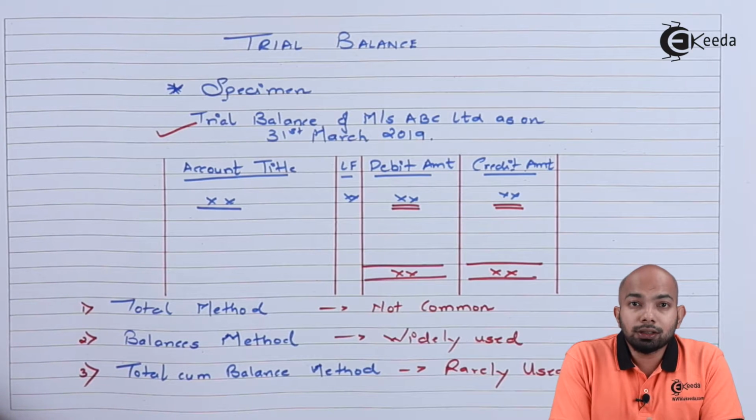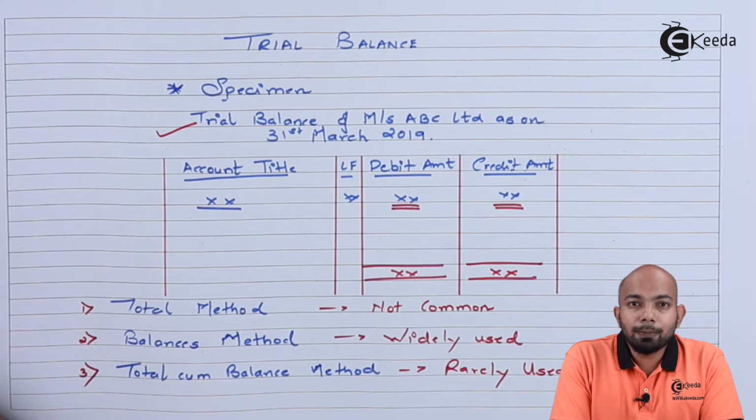The second common method, which has been used by all the chartered accountants in the preparation of financial statements, is the balances method. Under this method, the balance under each ledger account will be carried forward and mentioned in the trial balance statement.